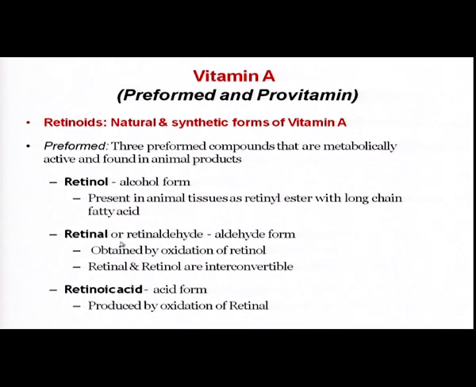You find retinol, retinal, retinoic acid are all oxidative products. You do have enzymes which help in mutual oxidation and reduction. So, you have retinol reductases and oxidases doing the job of mutual oxidation and reduction.